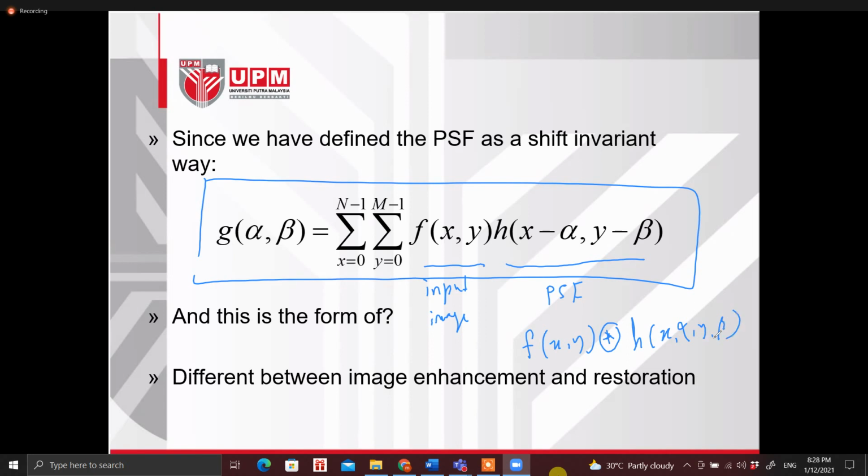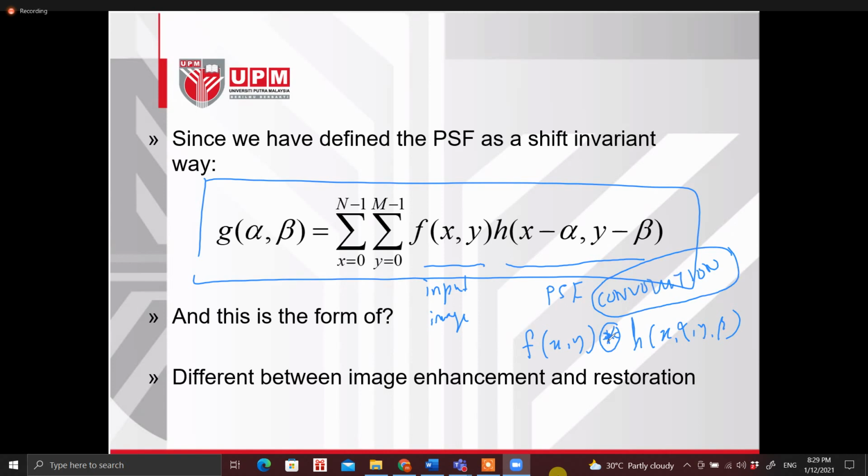So the whole term here on the screen, f(x,y) h(x minus alpha, y minus beta), is actually a popular form of a convolution. And here I'm using this particular symbol to represent the convolution.